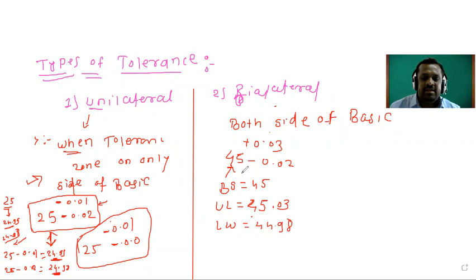Here the upper limit and lower limit are shown on both sides of the basic size. म्हणजे basic size च्या प्लस ला आपण दाखवले आणि निगेटिव्ह ला पण दाखवलेला आहे.